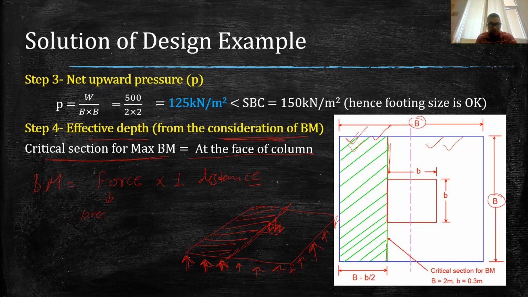So pressure into area multiplied by perpendicular distance. So now what is the pressure? Pressure is what we have just calculated in the previous step. So pressure offered by the soil is 125 kilonewton per meter square. So that is the pressure.